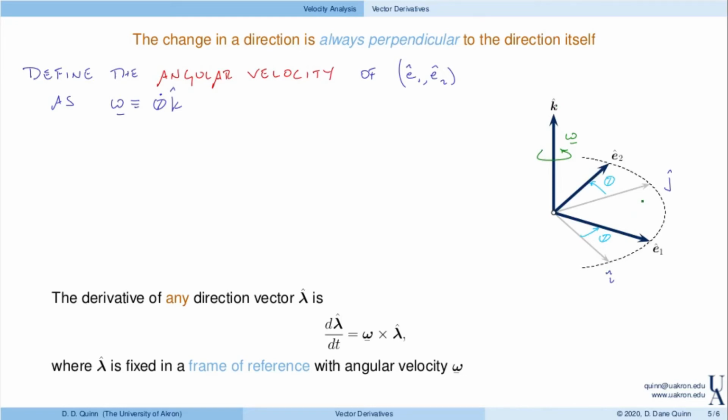So i and j being the two base vectors, your thumb points in the k direction, right? If E1 and E2 are spinning according to the right-hand rule, then the angular velocity is in the k direction. Here, theta dot is known as the angular speed.